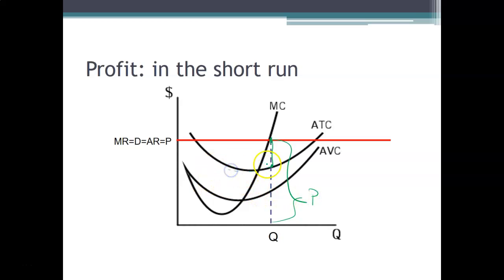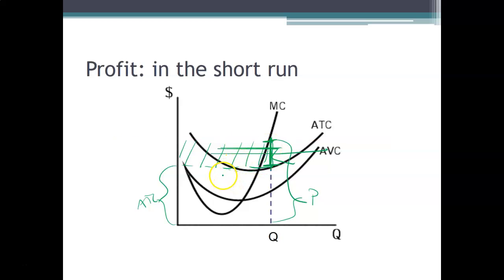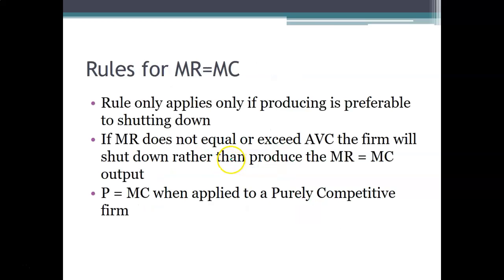And if I go straight across right here, from here down to here is my average total cost. Price minus average total cost equals profits. So this section from right here to right here, that line right there, that would be my per unit profits. This green area is my area of profit.